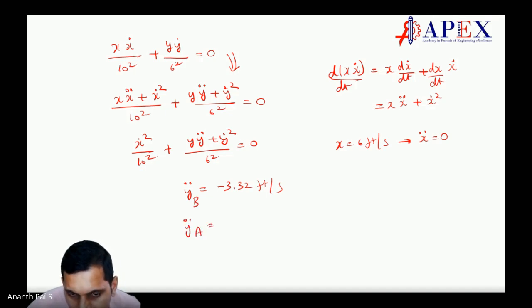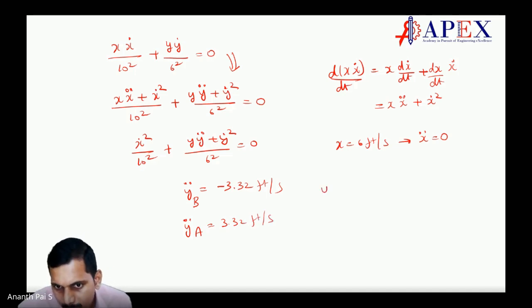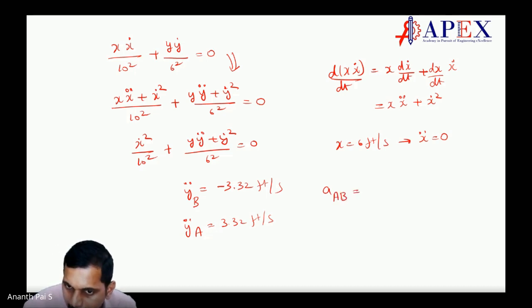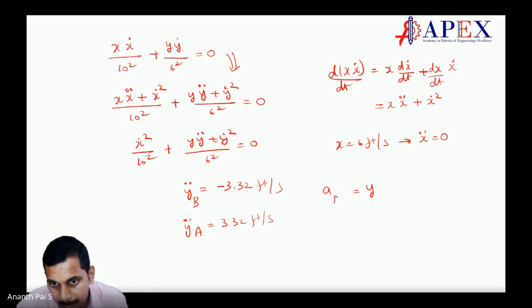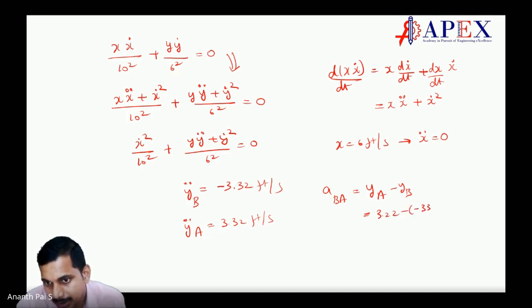Y double dot for A is 3.32 feet per second square. So acceleration of B with respect to A is equal to YA minus YB. YA is 3.32 minus of minus 3.32. So the answer is 6.64 meters per second square.